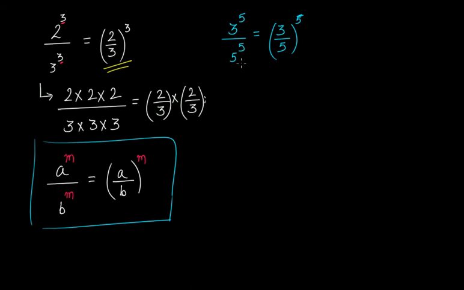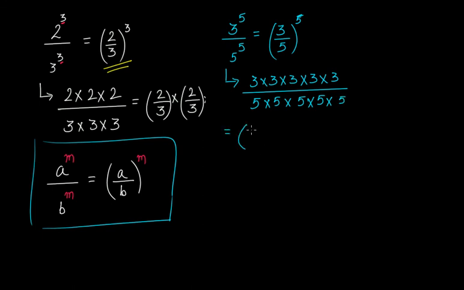If you want to see the proof, this is actually 3 times 3 times 3 times 3 times 3, and this is 5 times 5 times 5 times 5 times 5.